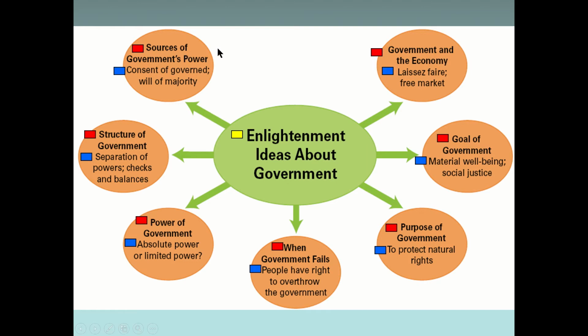Sources of government power. The power comes from the people. Very simple. The government and the economy. Laissez-faire means the government keeps its hands off the economy. Back when monarchies were strong and people wanted to do some sort of economic activity like trade goods, they'd go to another part of the world, pick up goods, and bring them back to the mother country.